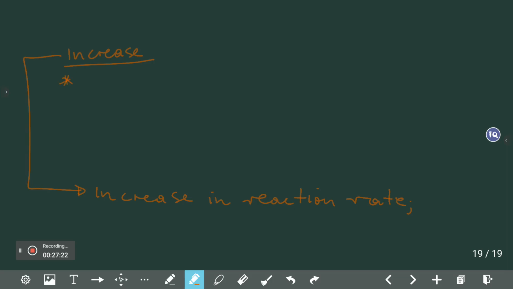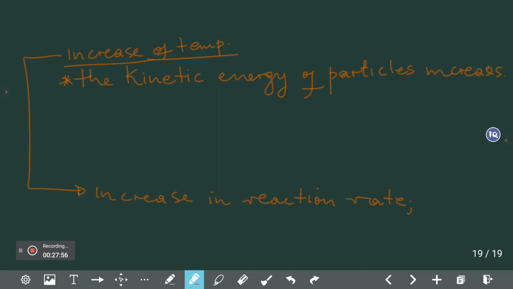Now, the kinetic energy of particles increases. Then, when there is this increase in kinetic energy, what does that mean? It means that more particles will have sufficient energy.